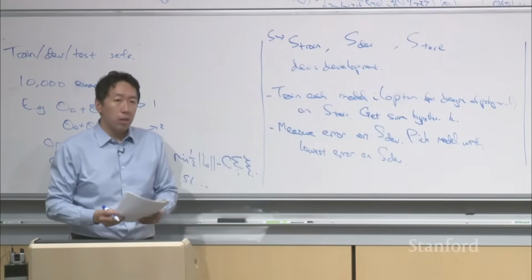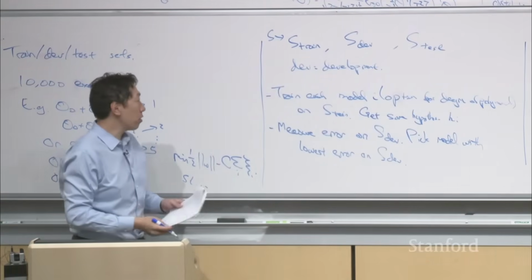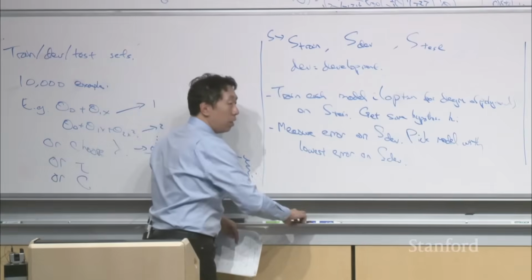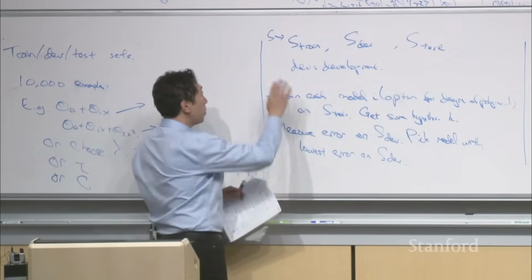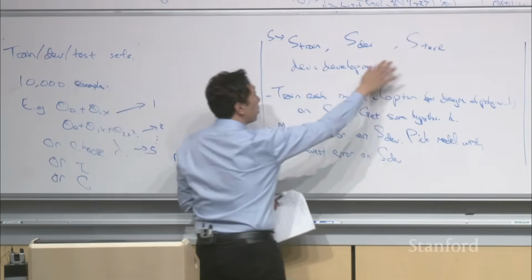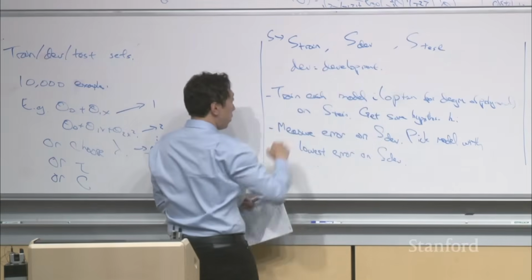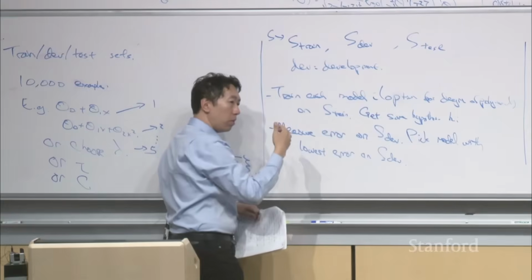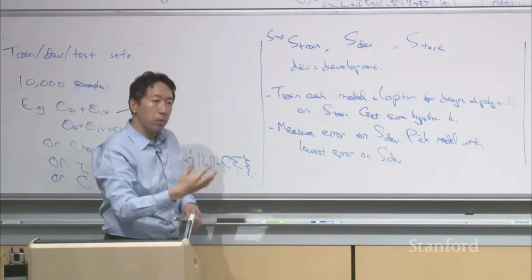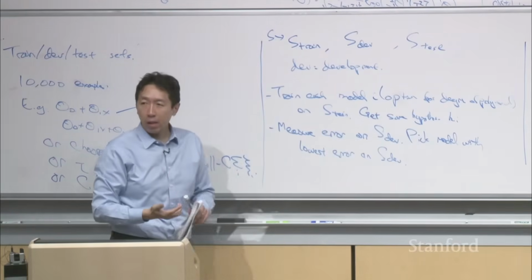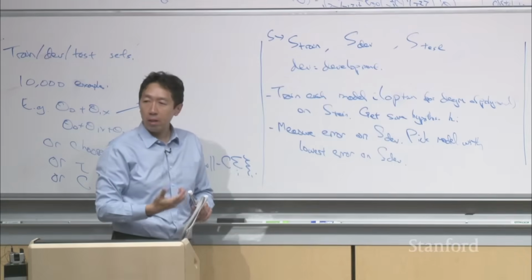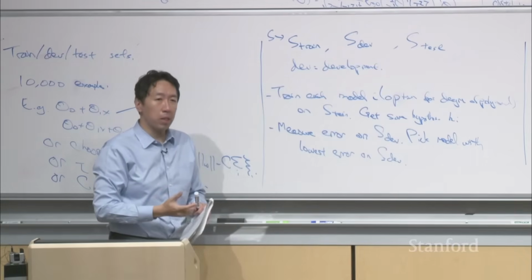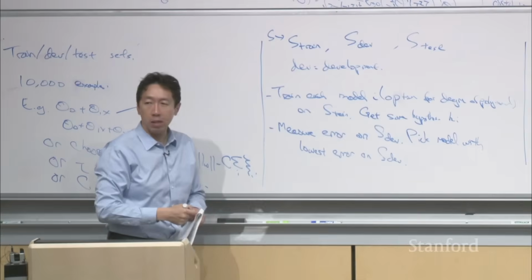So I want to contrast this with an alternative procedure. So we have two subsets of the data. I'll talk about test set later. Training set and development set, and after training first order polynomial, second order polynomial, third order polynomial on a training set, evaluate all of these different models on a separate held out development set, and then pick the one with the lowest error on the development set.